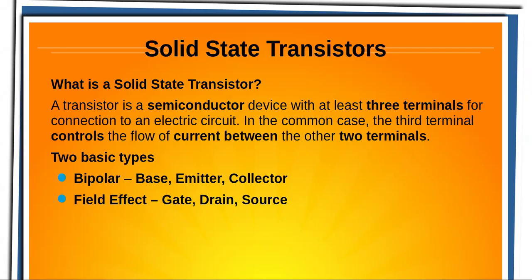In the case of field effect, we apply a voltage to the gate to control the current flow from drain to source or source to drain, whichever way you go, because they're symmetrical and you can actually reverse it. It doesn't care.